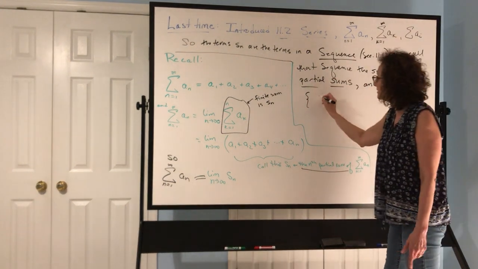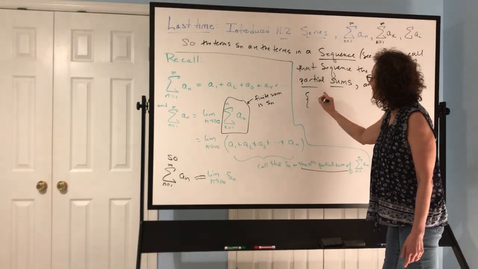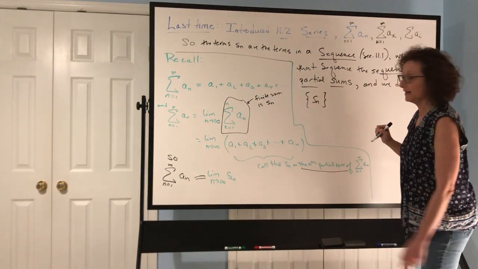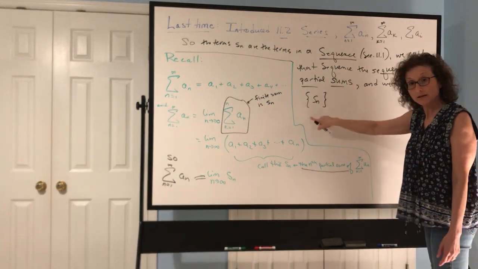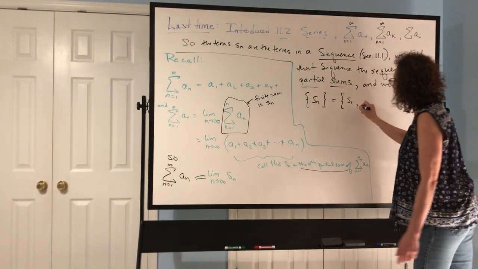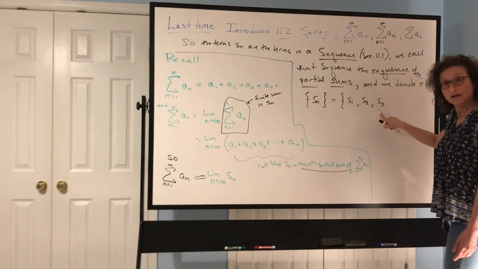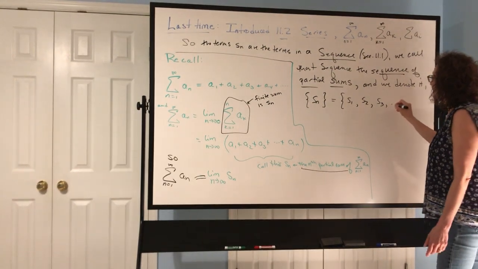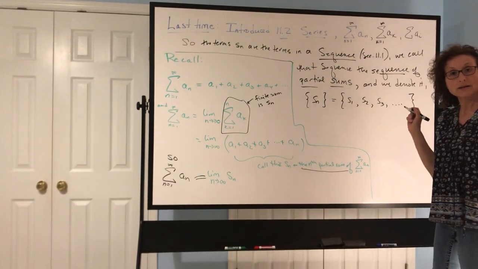Curly braces mean a sequence or set with infinitely many elements in it. So Sn is the sequence of partial sums. What is in Sn? It's a list of numbers, S1, S2, S3, that goes on forever, and there's always a next term.